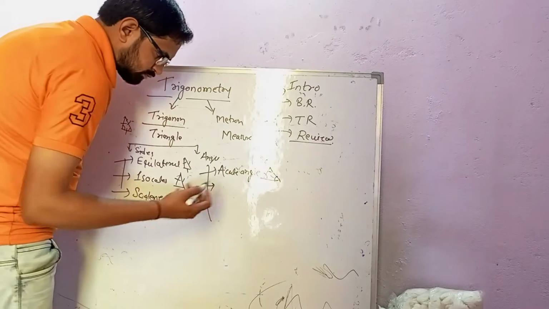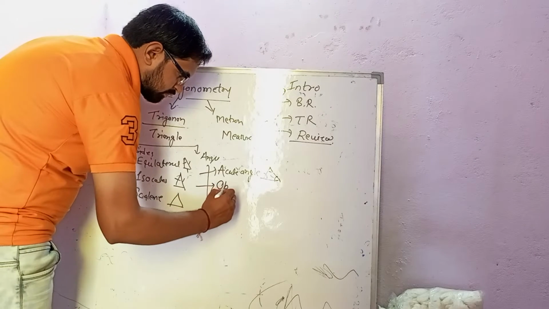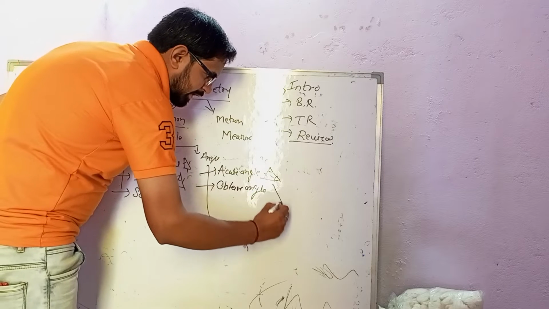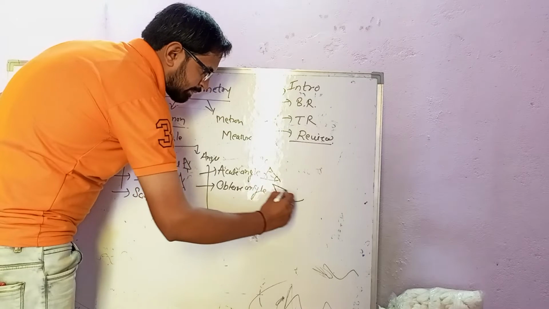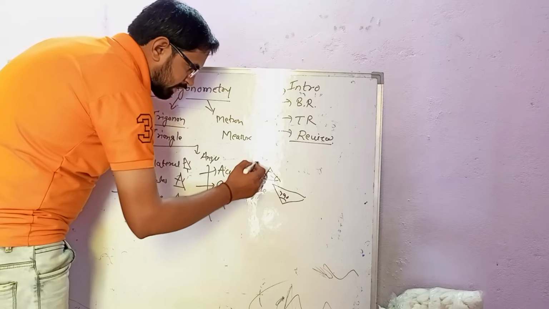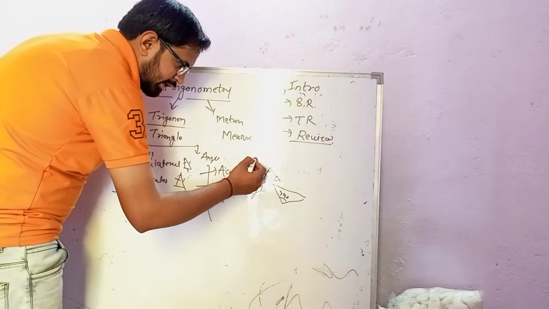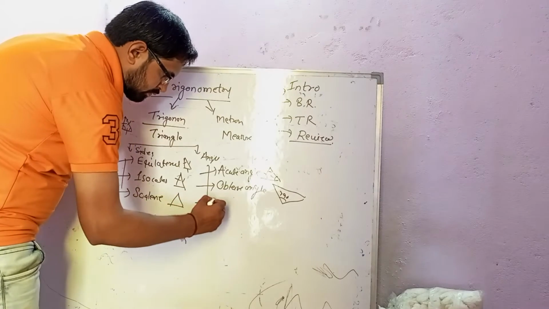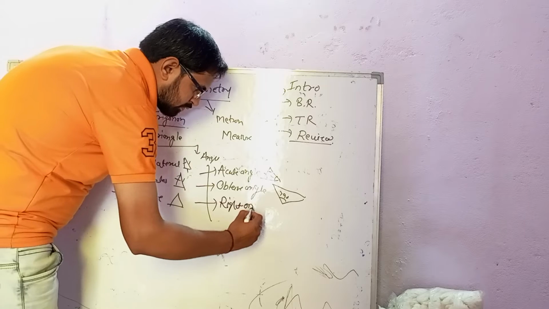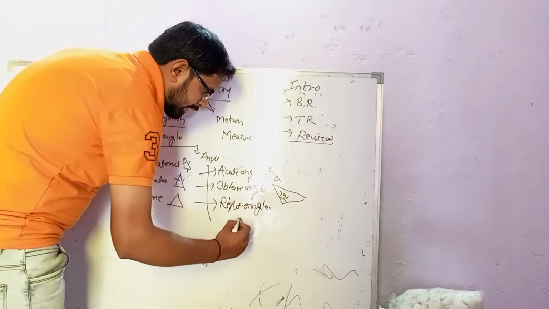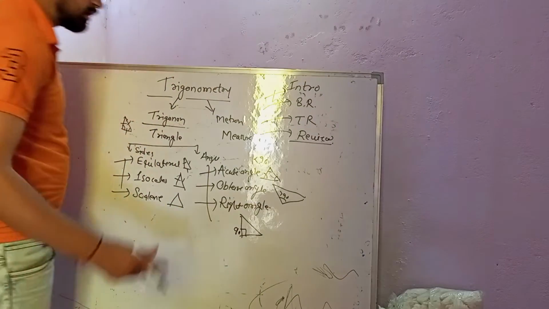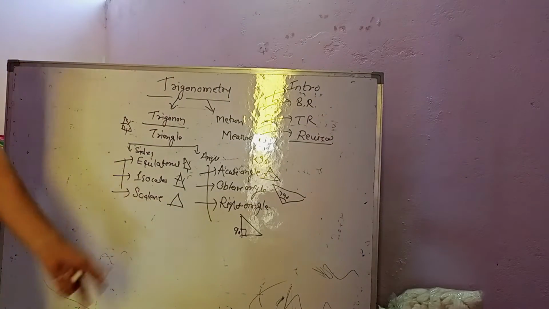The second one, the obtuse angle triangle, where one angle is more than 90 degrees. And third one is the right angle triangle, where one angle measures 90 degrees. Like this you can divide triangles in all six parts.